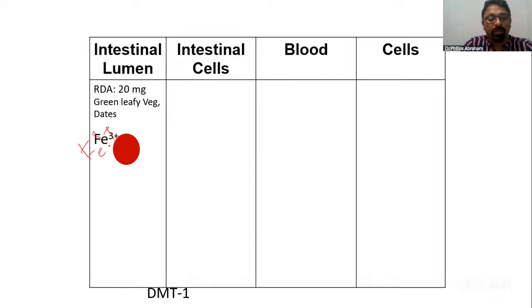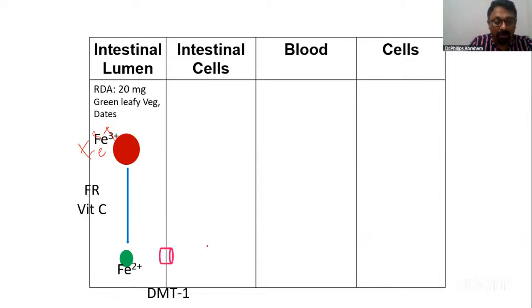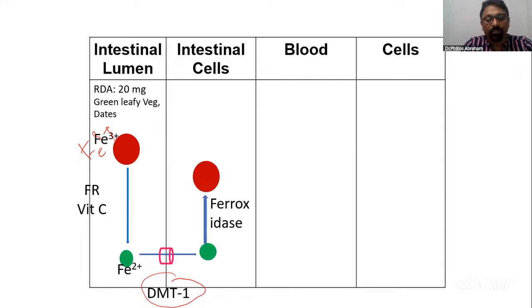Then that iron should be converted to ferrous. That is done with the help of vitamin C. So that's the function of vitamin C: it helps in the conversion of ferric ions to ferrous. Then this ferrous ion, through a transporter DMT1, please note, this Fe2+ gets absorbed and stored in the cells. With oxidase, it is converted to Fe3+ and stored as ferritin, one storage form of iron.